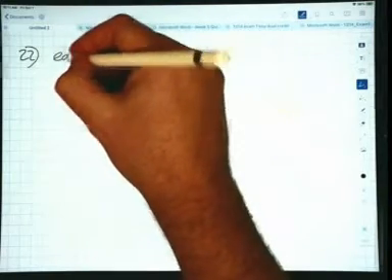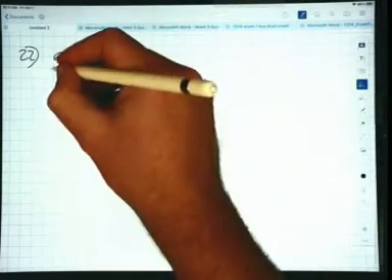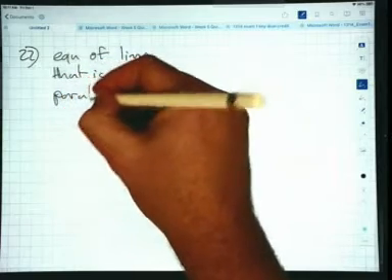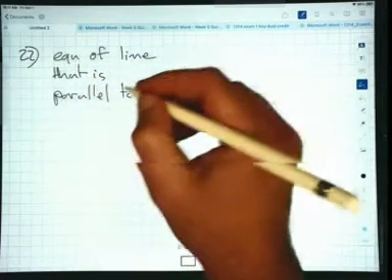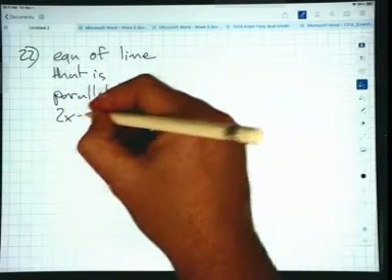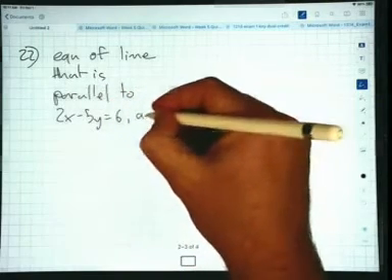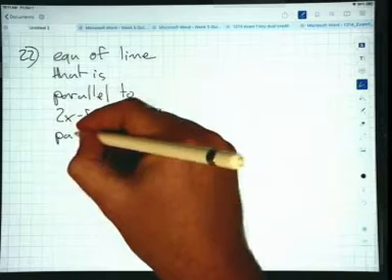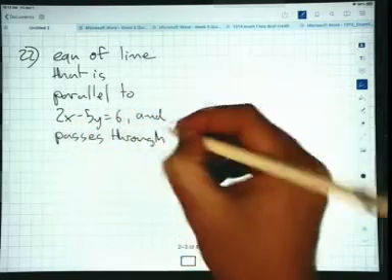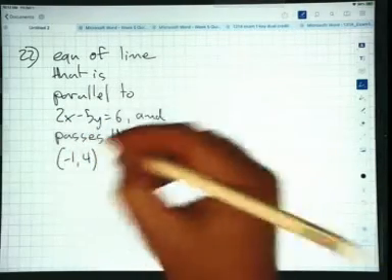We want the equation of the line that is parallel to 2x minus 5y equal to 6 and passes through the point -1, 4.